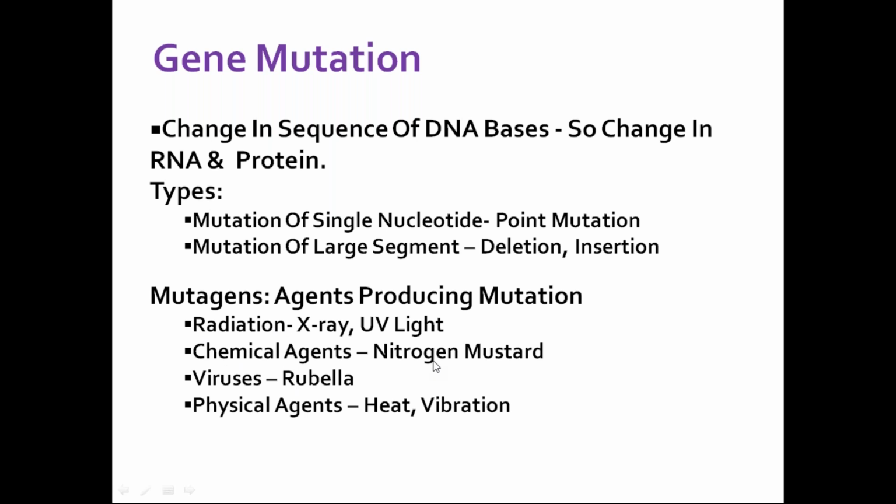Chemical agents like nitrogen mustards and chemotherapeutic drugs. Next, viruses, which are most probably related to genetic mutations. One example is rubella. Physical agents, heat and vibration, in the long term, chronic conditions, may also produce gene mutations.